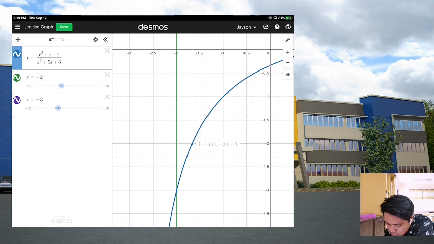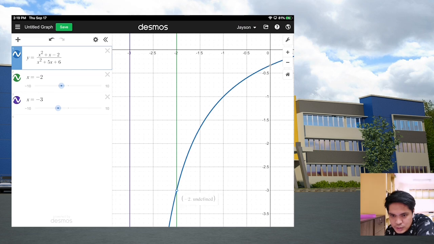But if x goes closer to negative 2, tingnan nyo yung abscissa, as it goes close to negative 2, yung pares niya, yung ordinate, gets closer to negative 3. Pero pagdating niya sa negative 2 exactly, it's undefined.